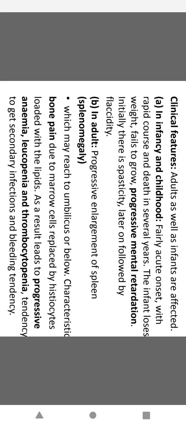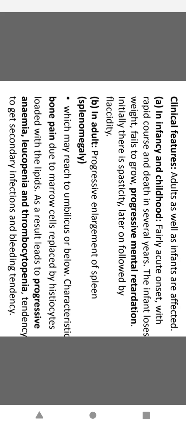The clinical features of the disease: adults as well as infants are affected. In infancy and childhood, there is a fairly acute onset with rapid course and death in several years. The infant loses weight, fails to grow, and has progressive mental retardation. There is no growth in the children. Initially there is spasticity, later followed by flaccidity. Next, in adults, the condition is progressive enlargement of the spleen.